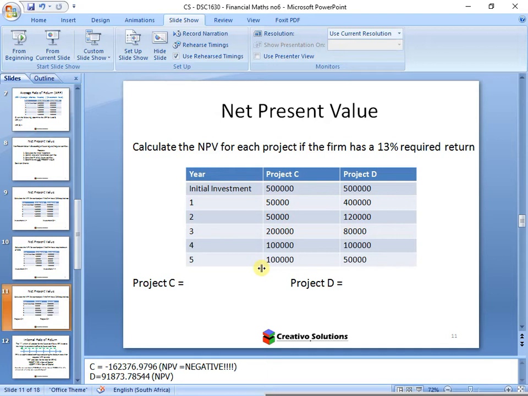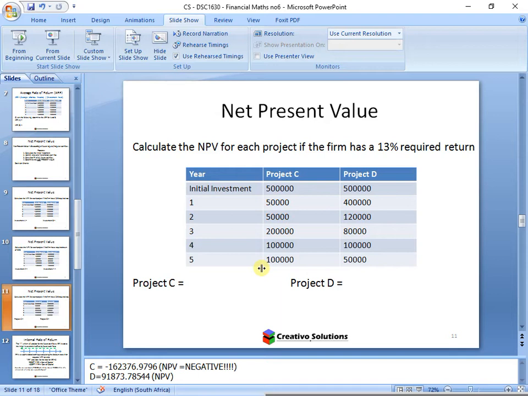And then let's check D. Yes. Okay, so which project is better in this example?